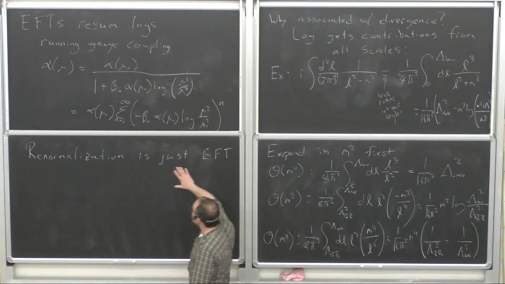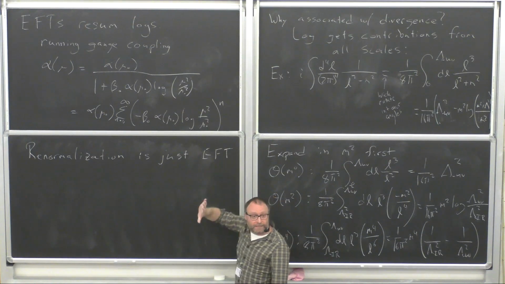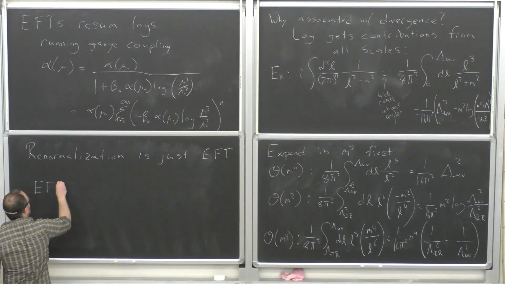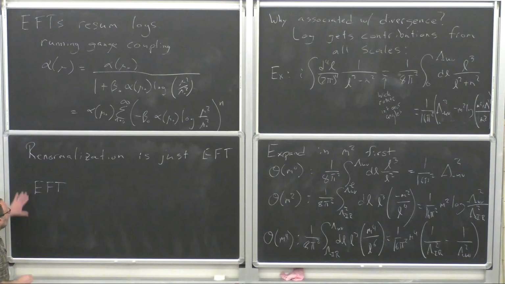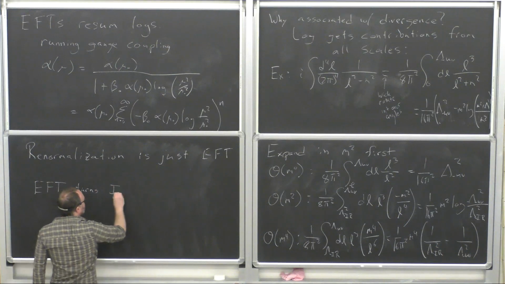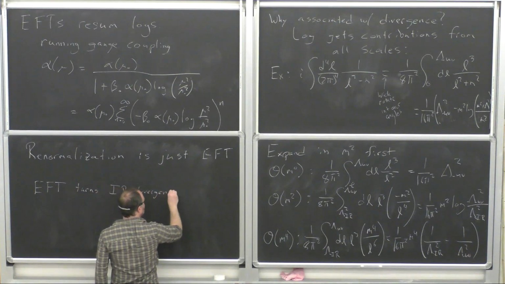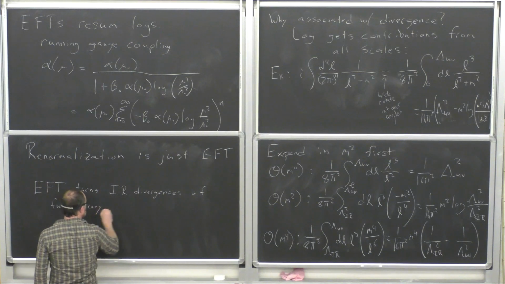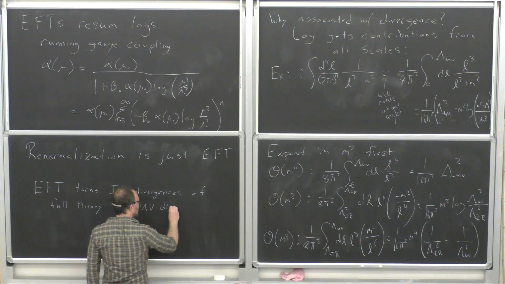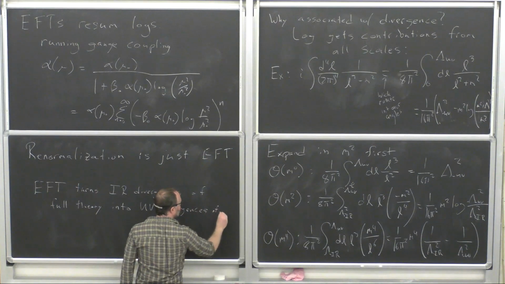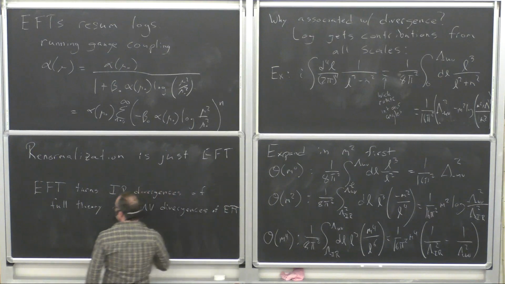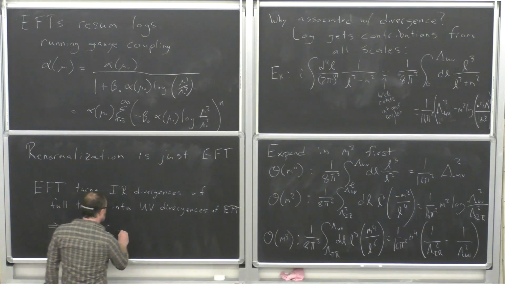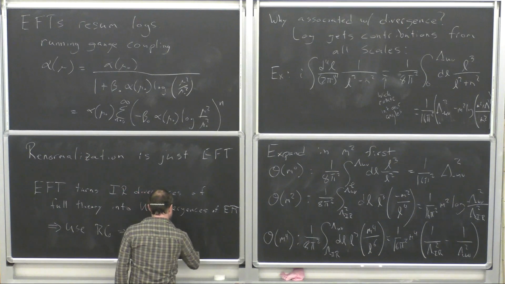We can do more calculations, but this is an important idea, and what we're going to see is that the role of EFT, one of the modern ways of thinking about what EFT is about, is that it turns IR divergences of the full theory, or the UV theory, into UV divergences of the EFT, and that allows us to use the renormalization group to sum logarithms. Okay?